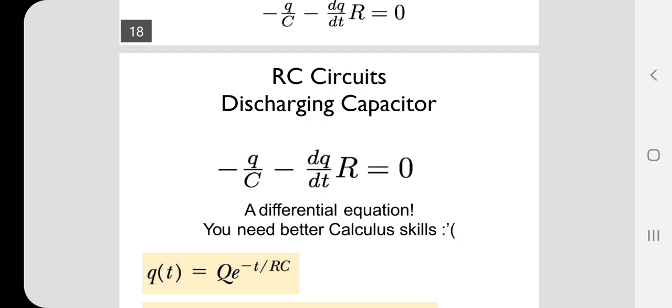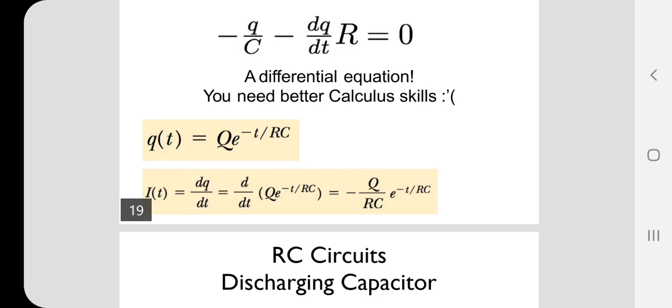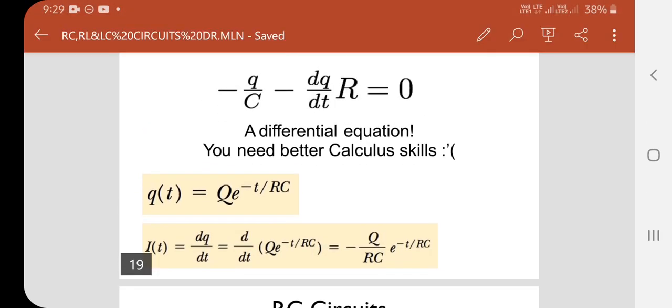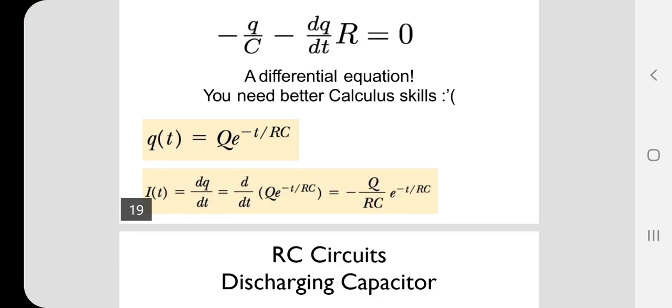Taking Q as a constant and differentiating with respect to t, the derivative of e power minus t by RC gives minus 1 by RC into e power minus t by RC. So the final answer is minus Q by RC into e power minus t by RC.